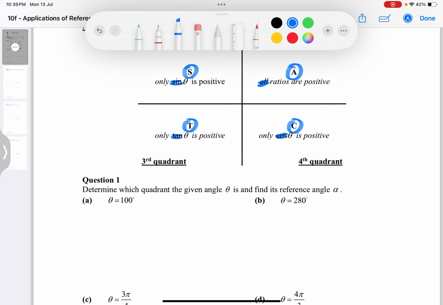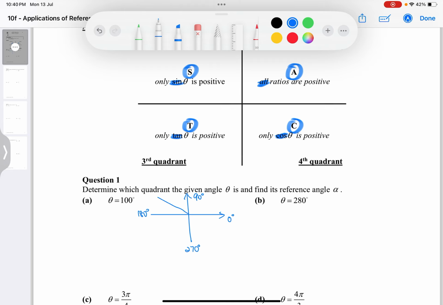Alright, so first question, determine which quadrant given the angle theta, and find its reference angle. Such questions can be very easily solved by just drawing out. So you have your x and y axis, and then starting from the x-axis, that's 0, you go all the way, this is 90, 180, and then 270.